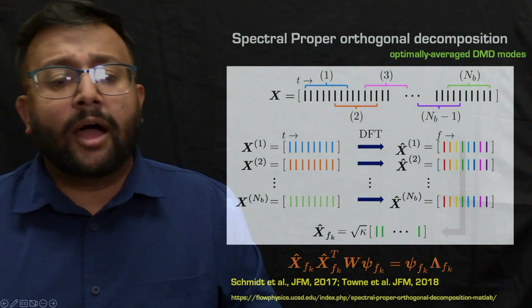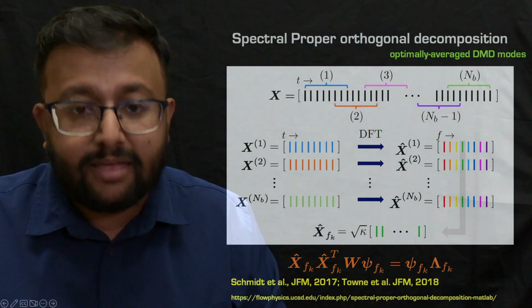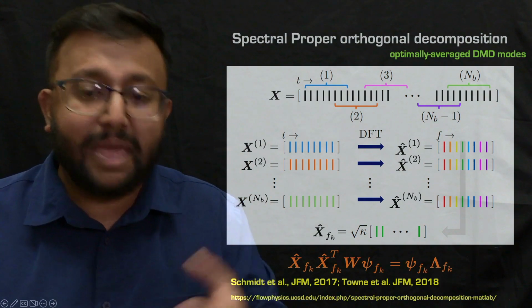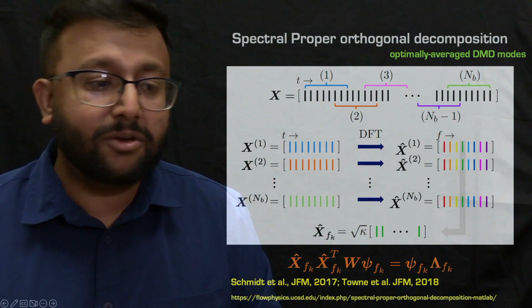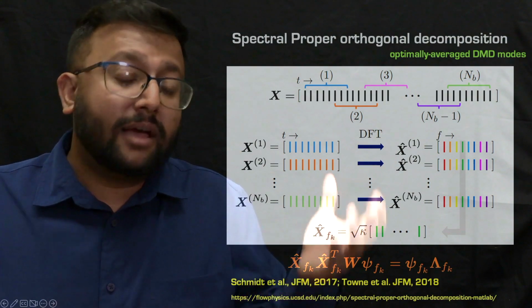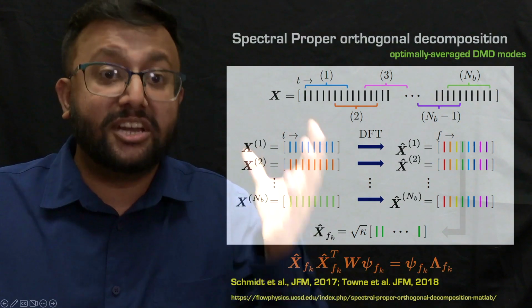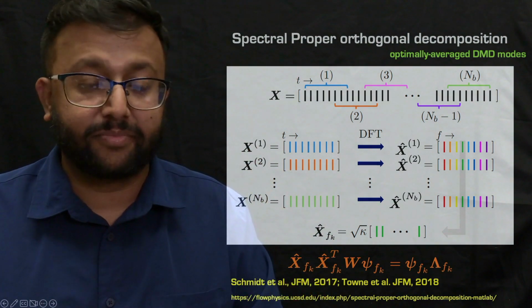Right? So algorithmically, to implement this eigen decomposition, there's a simpler way, and I urge you to look at the papers and the code that is tagged on your slide to play around with this. But what we get out of it is these optimally averaged DMD modes of the flow.